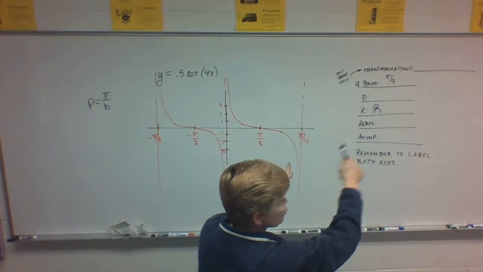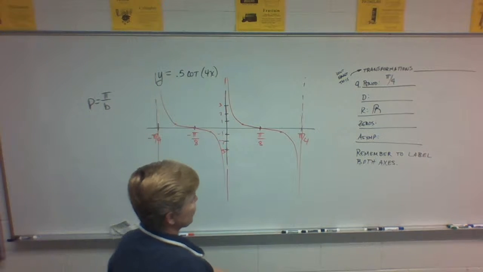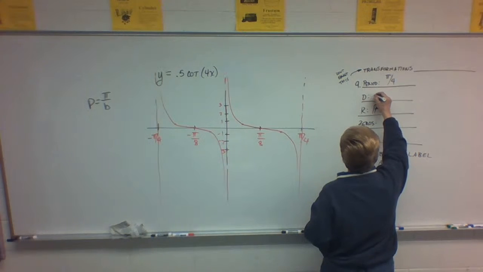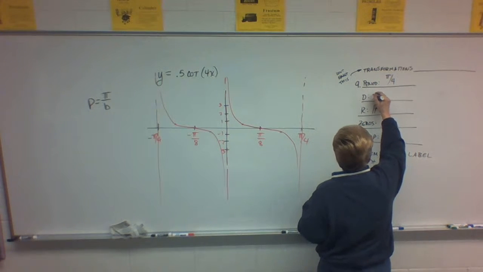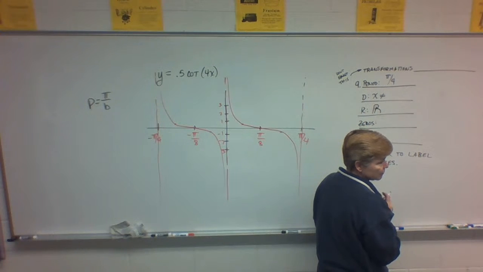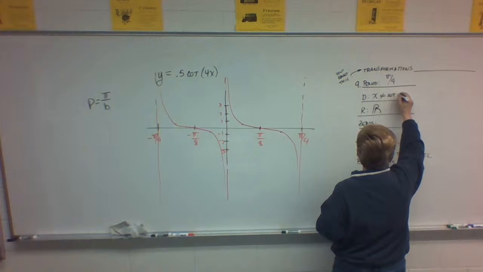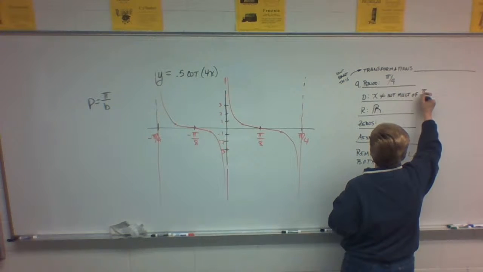So the next one will occur at 2 pi fourths, right? Yeah. And the next one 3 pi fourths, and the next one over here. So yeah, and you can actually write it out in words. That would be fine. You would write x not equal to, because you're trying to cut things out of the domain. Integer multiples of pi fourths. You can write it like that.